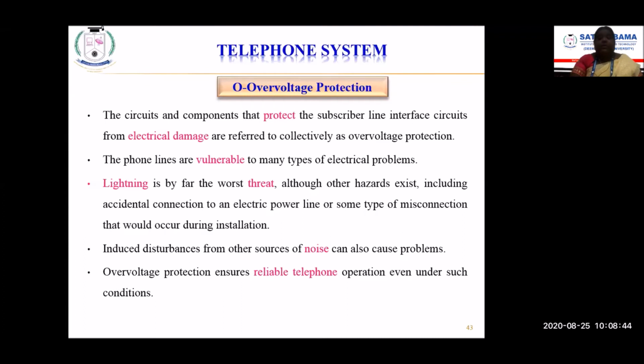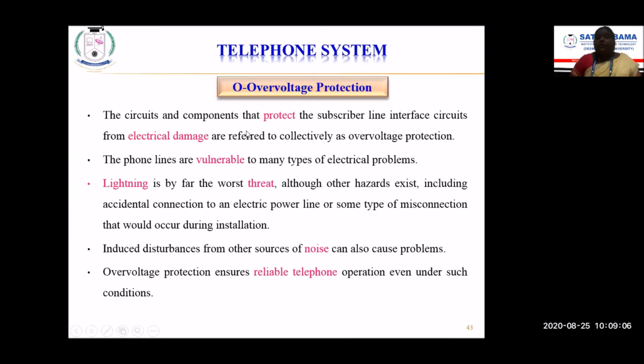Whenever the voltage is high, it might damage the circuit components of the telephone instrument, so that should be protected. Therefore, it provides the functionality of over voltage protection.